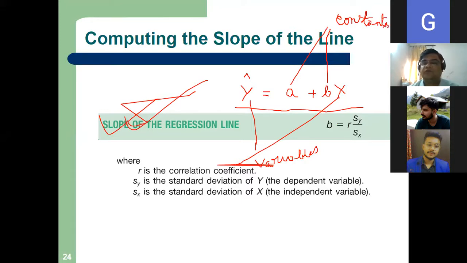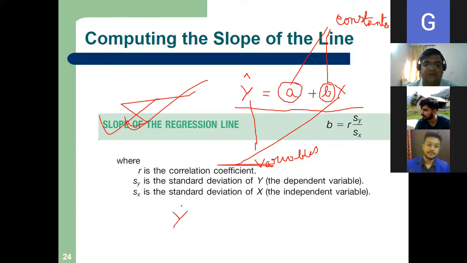So if you see this equation, variables we need not calculate. Variable we calculate after getting the equation. Now what we are trying to do, we are trying to write the regression equation. To get this equation, you can see there are two constants and two variables. So if we can understand what is this constant b and what is this constant a, we will get an equation like this.